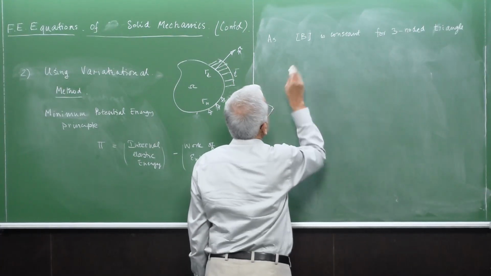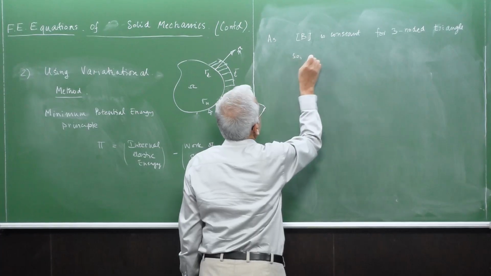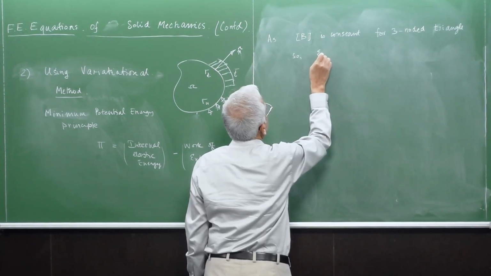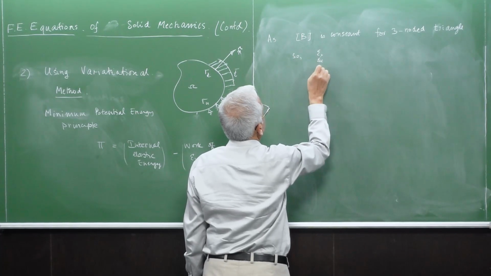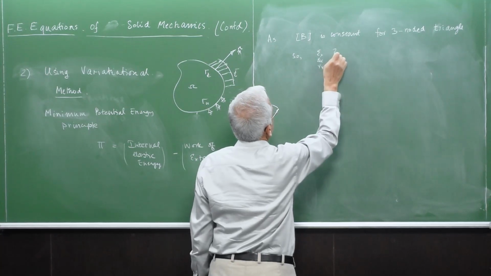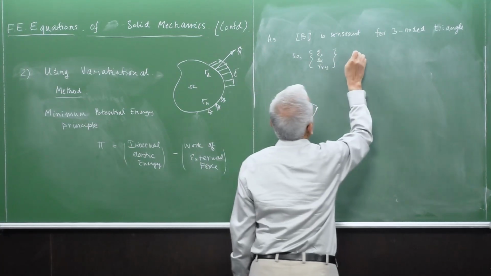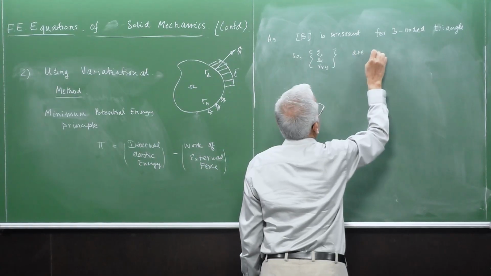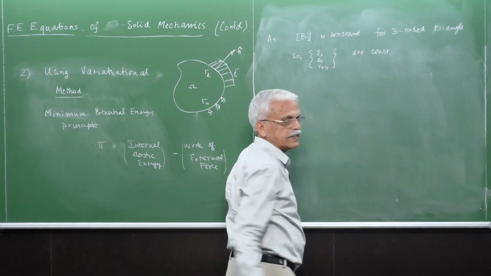So B is constant. So epsilon x, epsilon y, gamma xy are constant in the triangle.